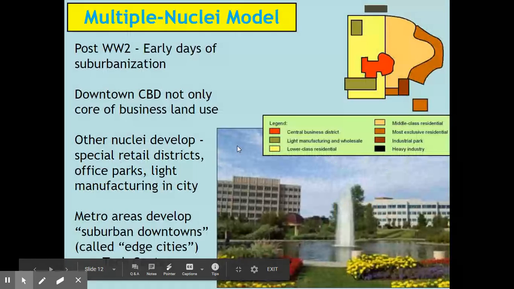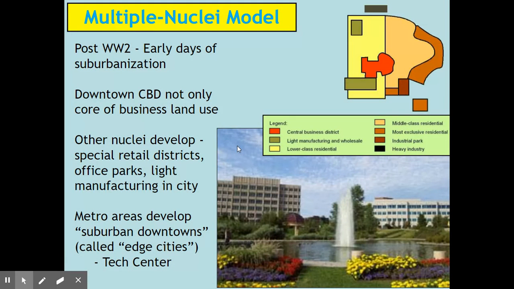Denver has the Denver Central Business District, but it also has, down in the south, the Tech Center. As that Tech Center has grown, it's become the node. Maybe your parents actually have commutes all the way down to southern Denver for the Denver Tech Center. And that actually becomes an edge city.